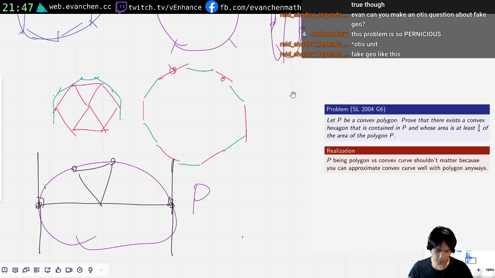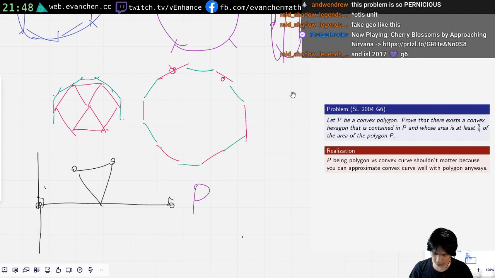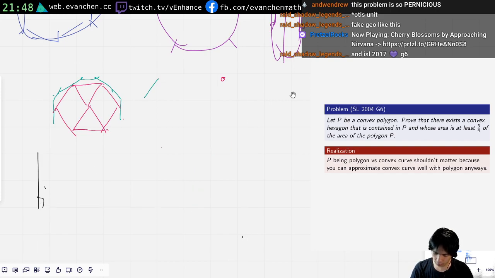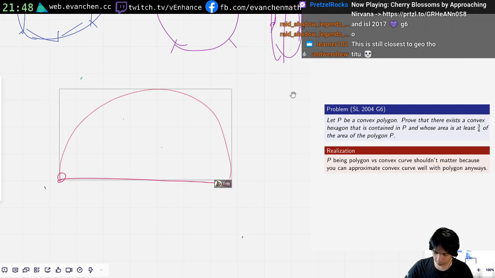Fake geo like this. Alright, I'm gonna follow the quadrilateral suggestion because I think that's better than what I have so far. Can I make a fake geo unit? It's the hybrid geo unit. Yeah, so in fact, maybe you're like, okay, take a long segment and maybe I'll even shear it so that it's in here.